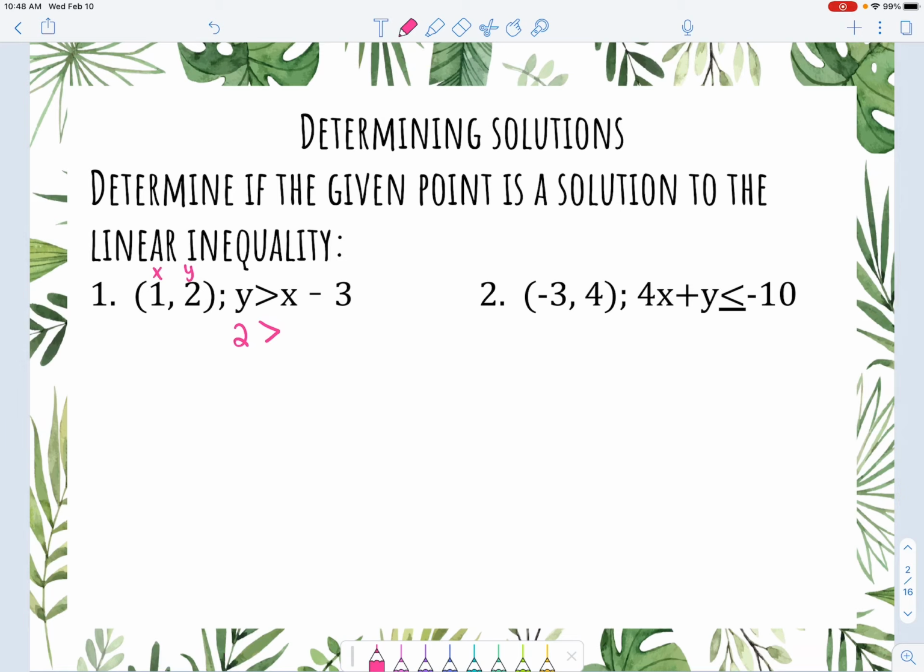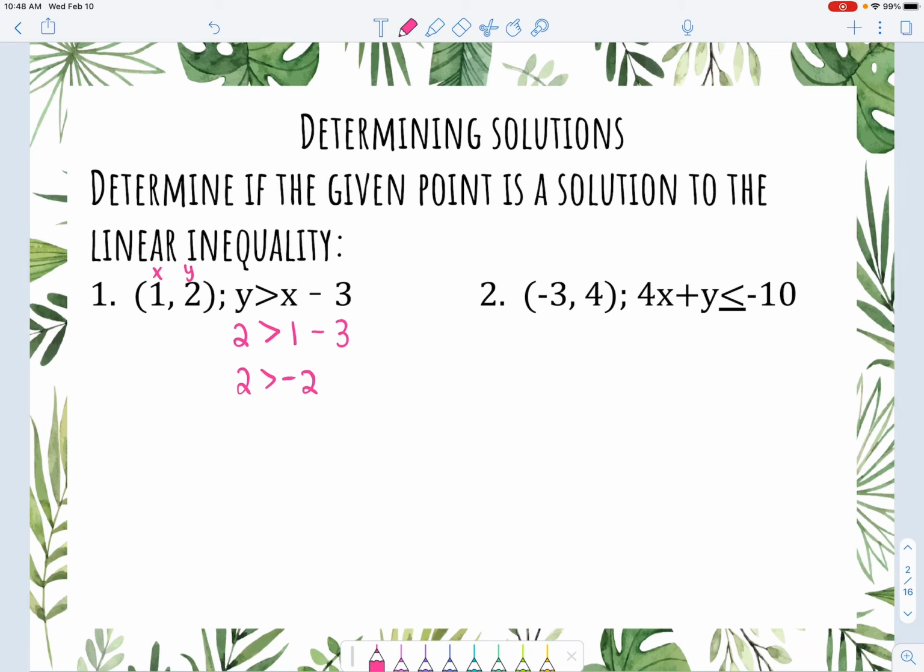We need to be really careful not to inadvertently change it to an equal sign since we're probably used to equations. I'm going to replace the x with a 1 and then bring down that minus 3. Now I just evaluate what's on the right. 1 minus 3 is going to give me a negative 2. So this inequality reads 2 is greater than negative 2. That's actually true.